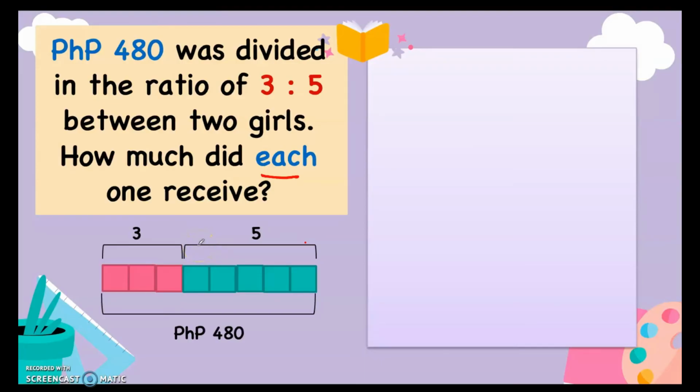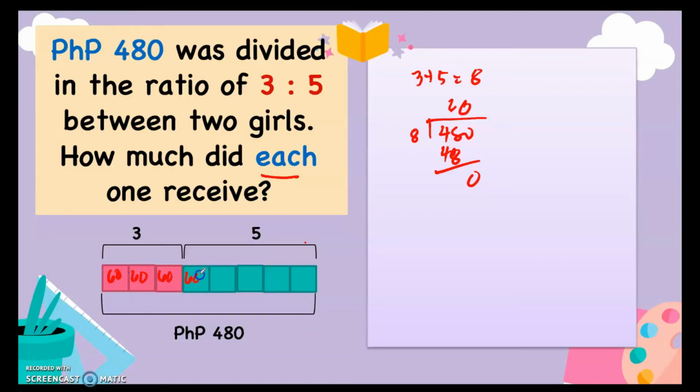And again, this is an example of partitive proportion because the whole is divided into the given ratio. So 3 plus 5 is 8. Then you divide 480 by 8. We get 60. So each part here is 60.